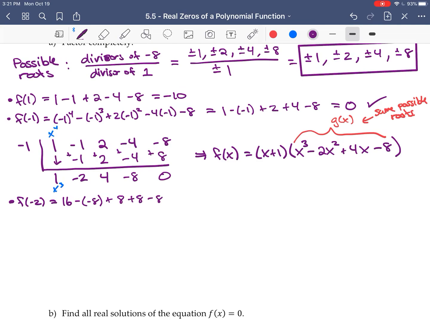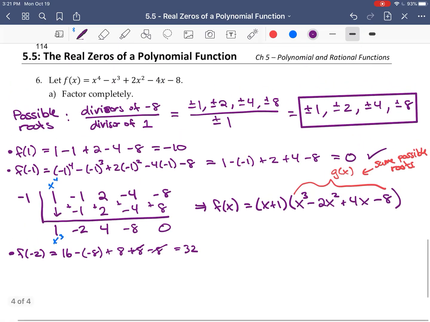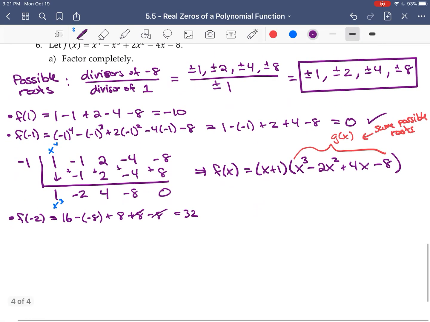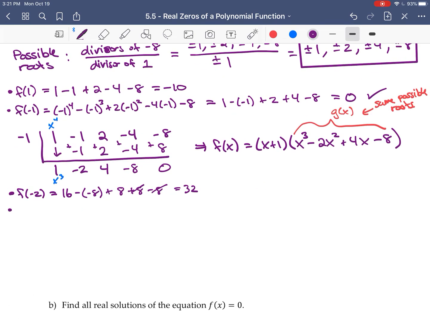And then I have a minus 8. So those are going to cancel, plus 8. I think I have 16 plus 16. I think I have 32. Yeah. So then, okay, we want to try something else.